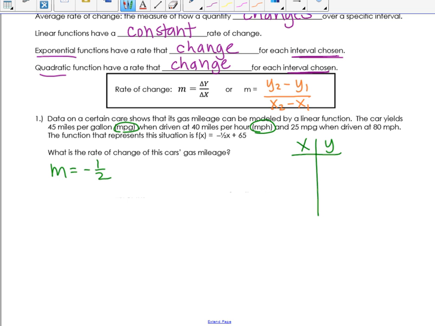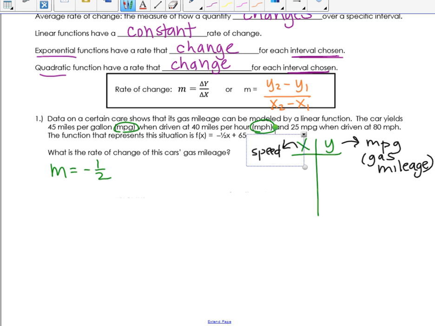That's my independent variable. And then that is going to dictate how many miles per gallon I'm getting. So that tells me x is going to be my speed. That's your independent. That's what you're controlling. y is going to be your miles per gallon, or your gas mileage, in other words. Okay. So your gas mileage is depending on how fast you're going.